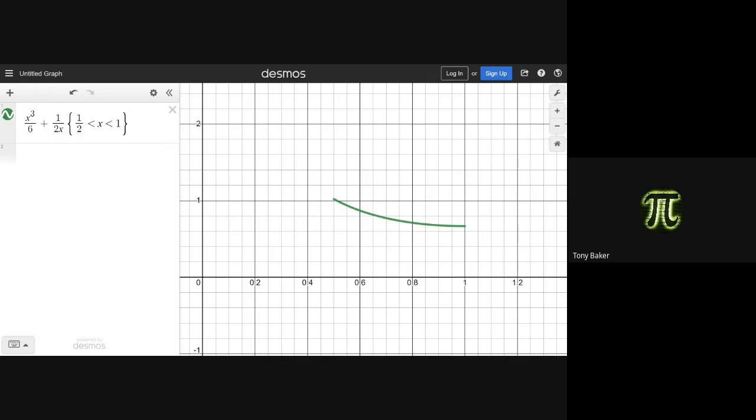If I was going around the y-axis, the radius would be changing from here to here based on the x, not the function. It's still going from 1/2 to 1, so my x values would be changing from 1/2 to 1. My radius would be changing from 1/2 to 1, not based on the function that I have.